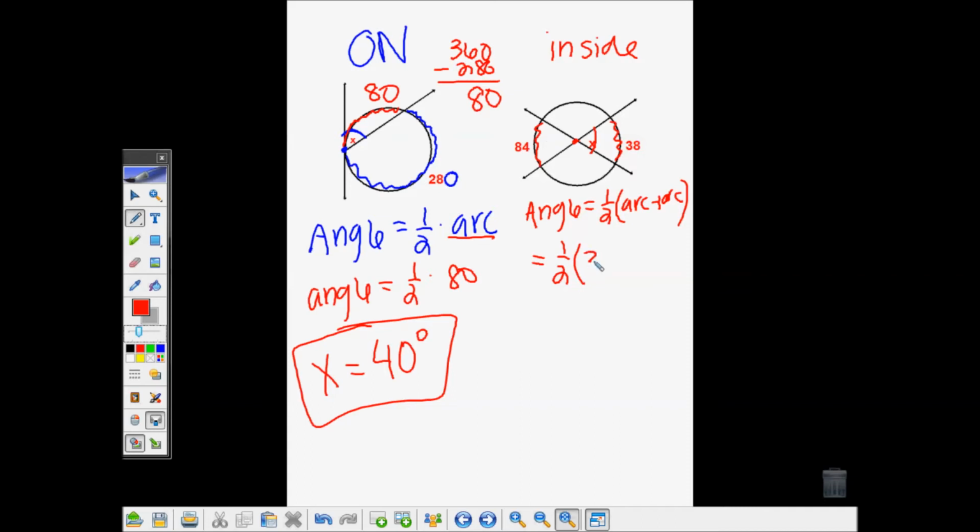So we do 38 plus 84, and we get 122. You can either multiply that by 1/2 or divide it by 2. Those mean the same thing. 122 divided by 2, we get x equals 61. I wrote 11 by mistake. Divided by 2, we get 61.